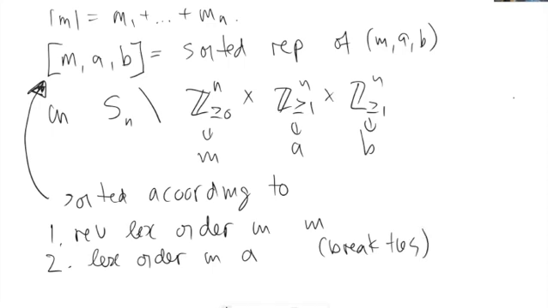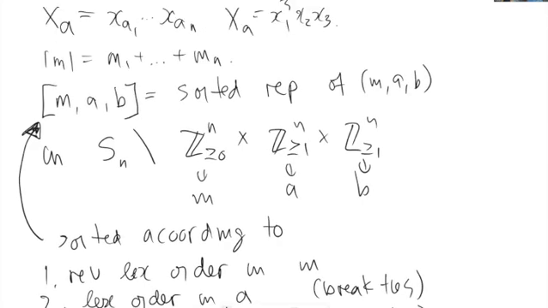So if I'm comparing MAB with M prime, A prime, B prime, I would first just compare the M terms, sorted in the reverse Lex order. If I get M equals M prime, then to break ties, I would proceed to the A's, which are sorted in the usual Lex order, and then the same for the B's, breaking ties in both M and A. Okay, so that's what the sum is.